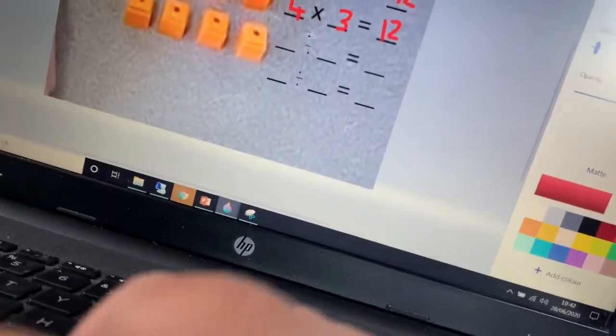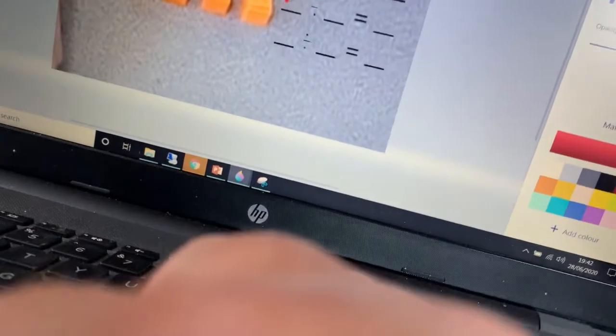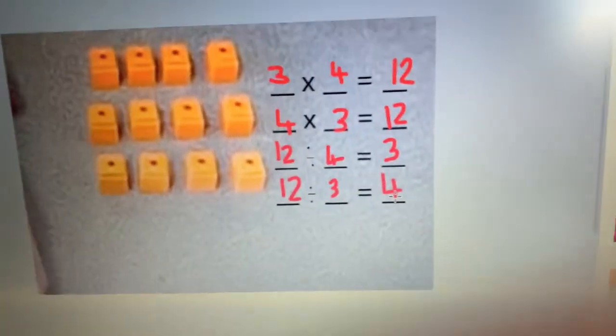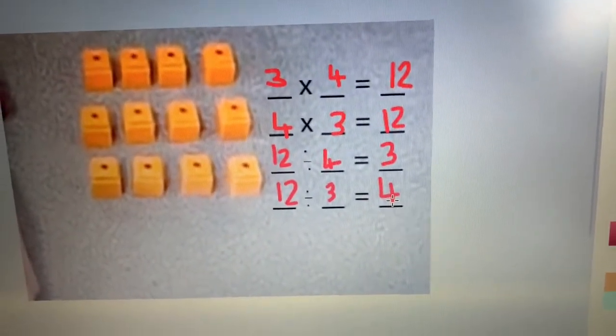And now I need to do my division, which will be 12 divided by 4 is 3, and then the other fact, which is 12 divided by 3 is 4. So that's how you do the first one.